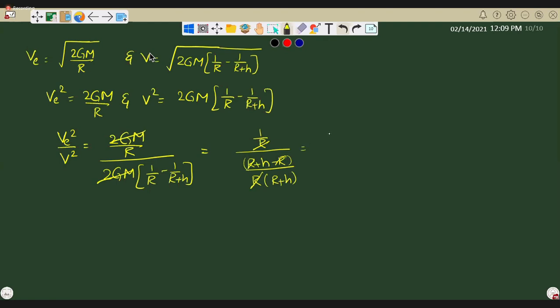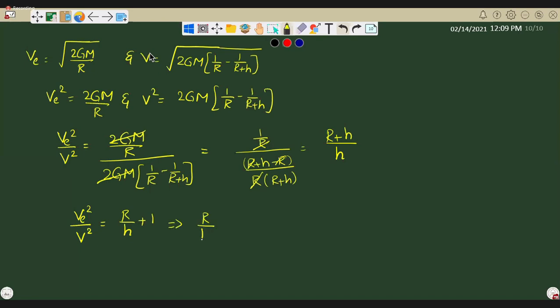R gets cancelled. This becomes divided by H. Correct? So VE square divided by V square is equal to R by H plus 1.